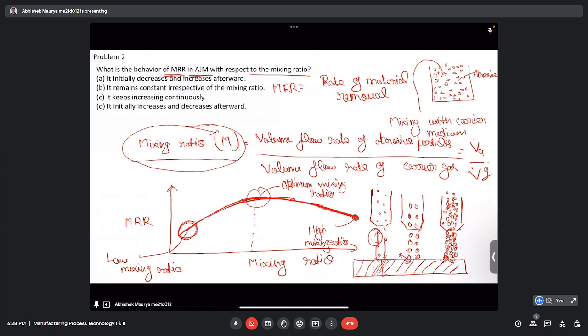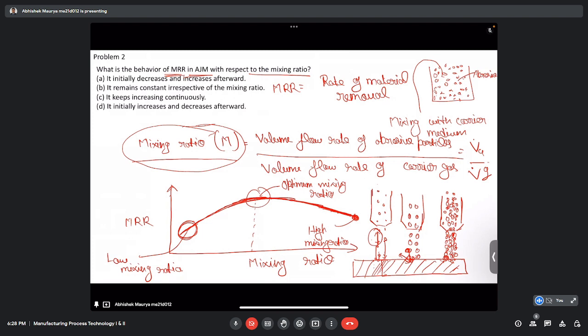As soon as it goes away, the next abrasive will come, again hit the workpiece and again remove material. When the second abrasive goes away, it will be followed by the third, fourth, fifth.